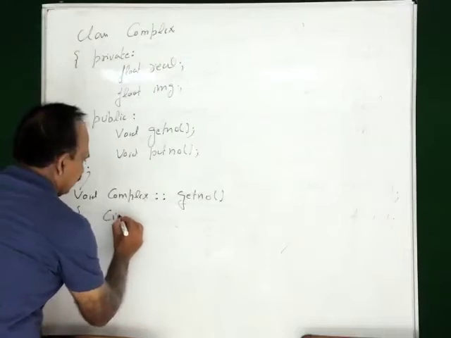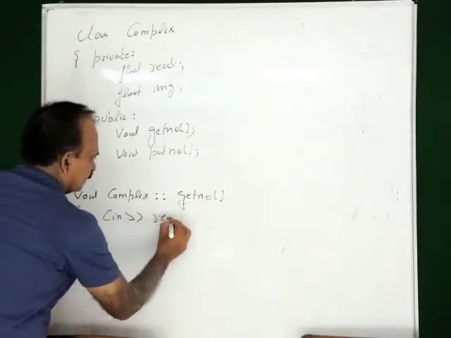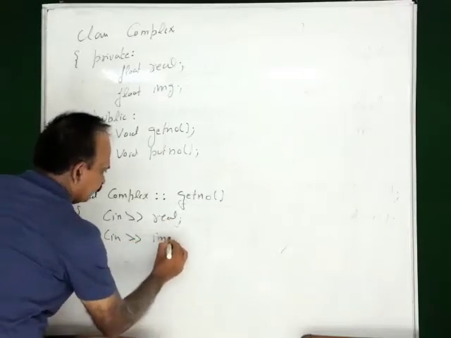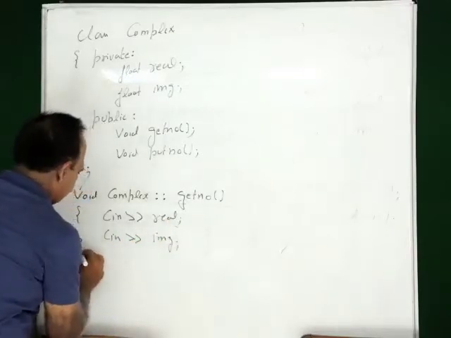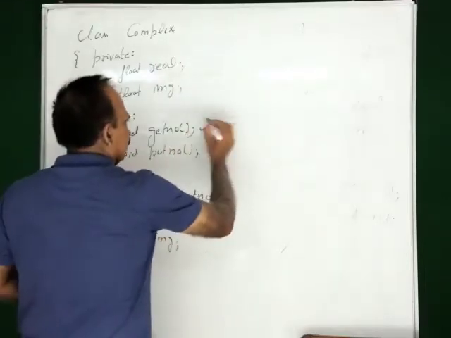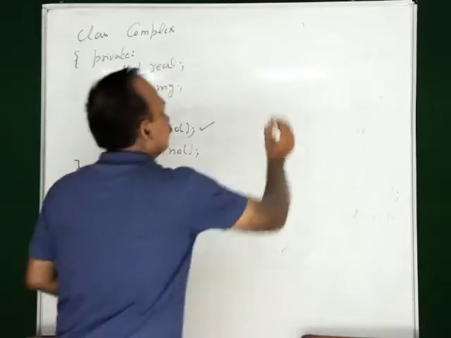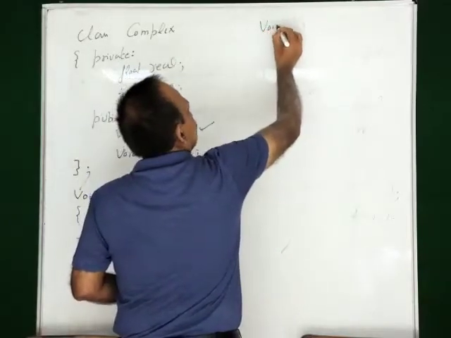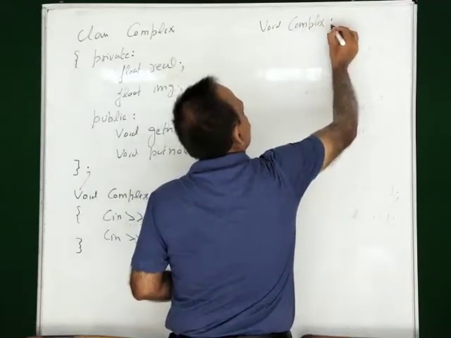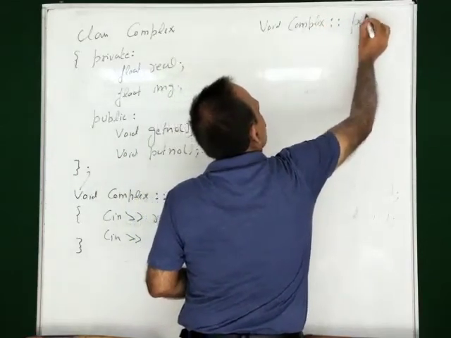Say cin, it is the real part. cin, it is the imaginary part. This is the end of the function. This is how this particular function is defined. Void, it is complex, that is the class name. Scope resolution, it is put number.